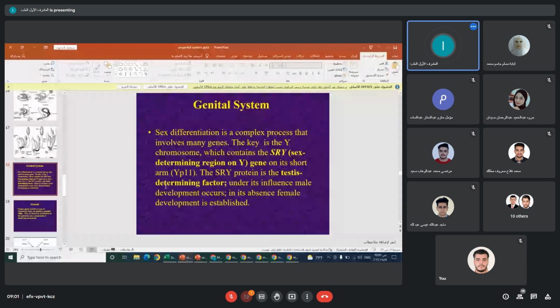This gene will encode a protein called the testis determining factor. So this gene produces the protein, and under its influence, male development occurs.